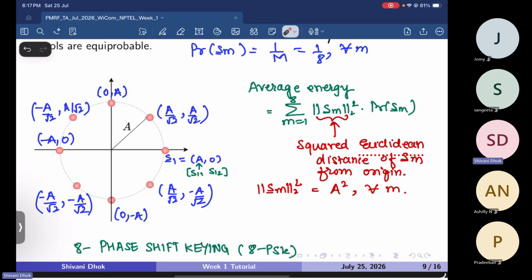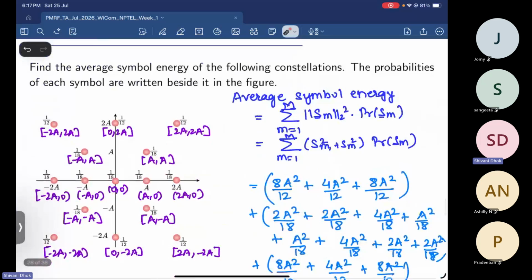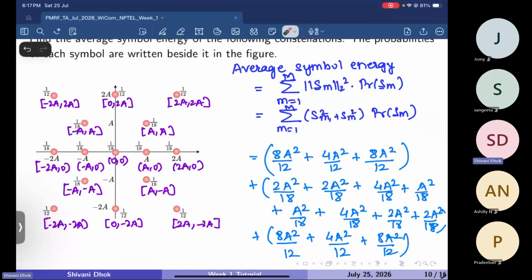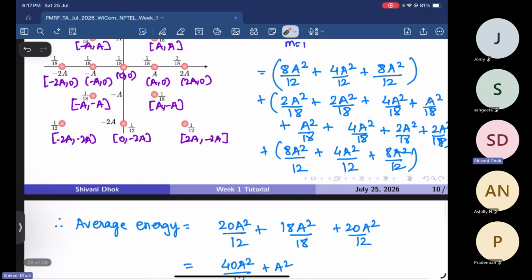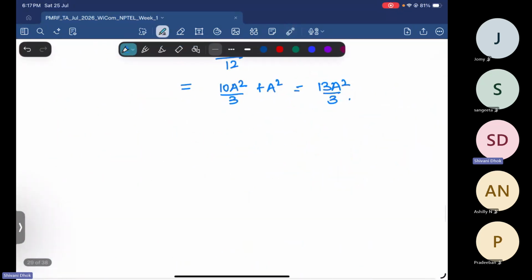But in a QAM signal, along with phase you have information embedded in amplitude as well. This is also one example of a QAM constellation, but it is not the general QAM constellation that you see, which is of generally this form.